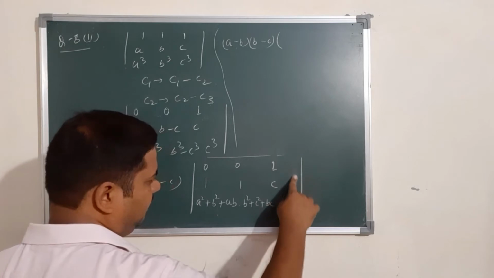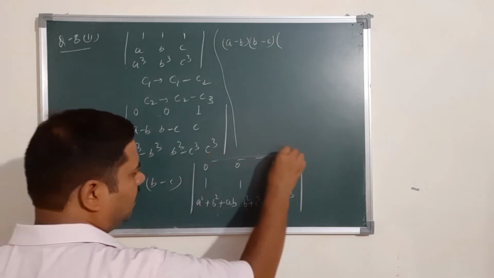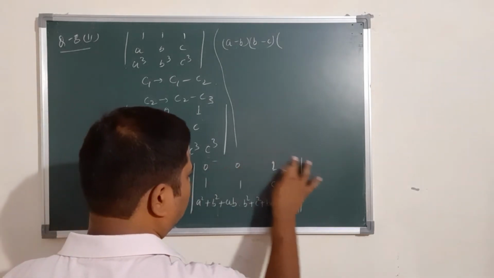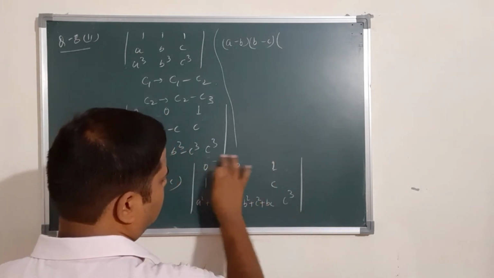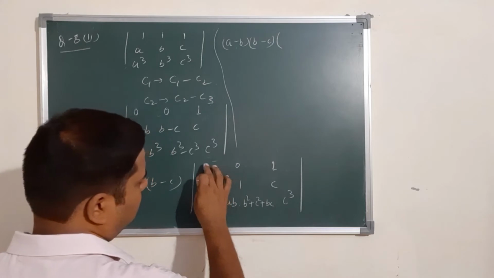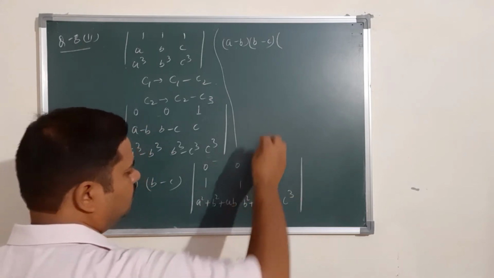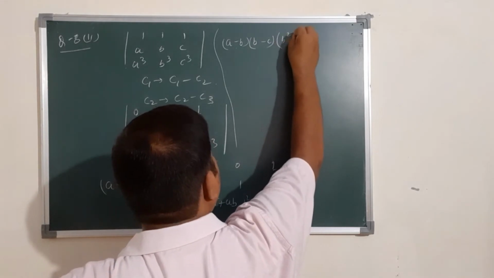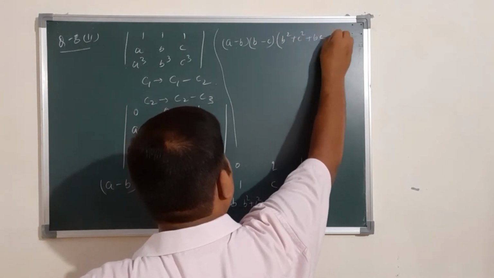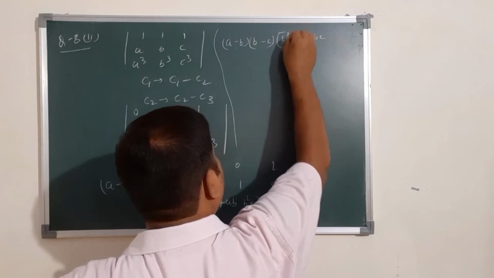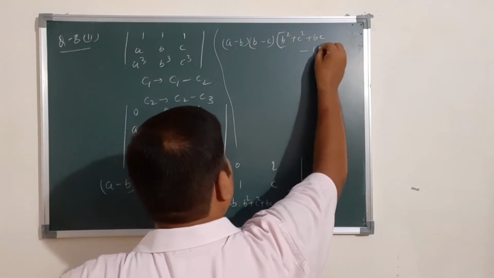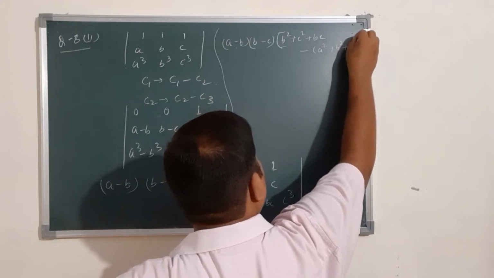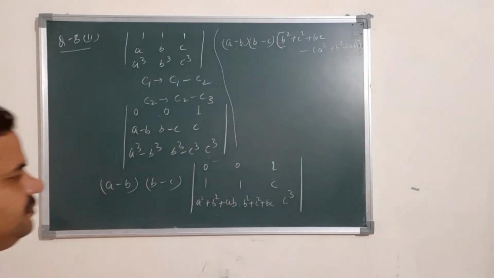If we leave, then we will have 1 into B square plus C square plus BC minus within bracket (A square plus B square plus AB), bracket closed.